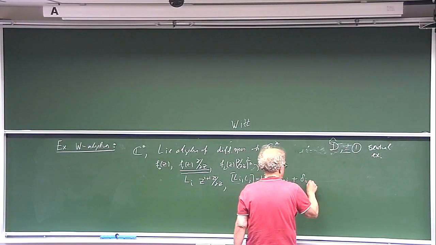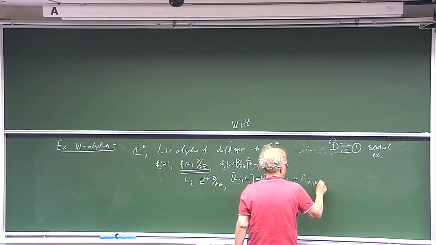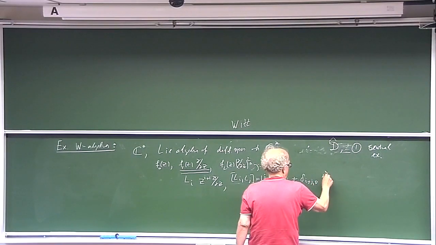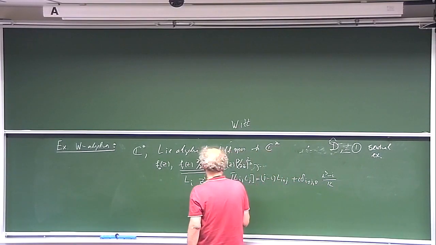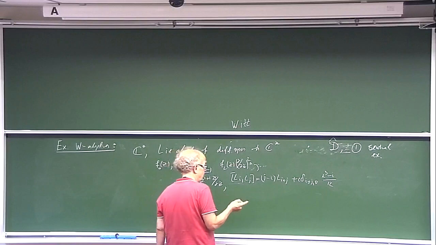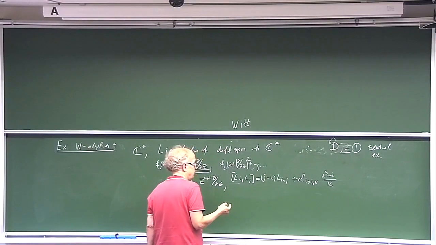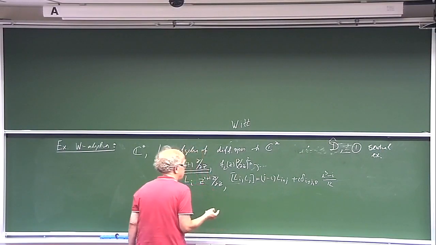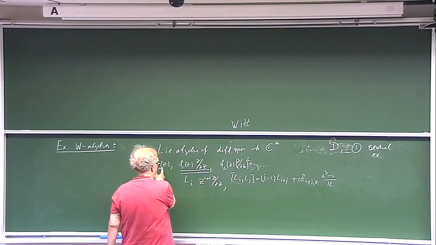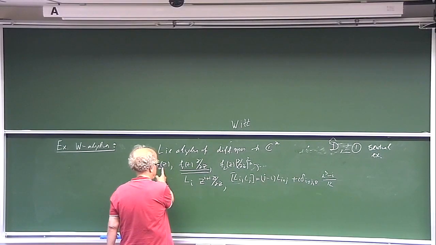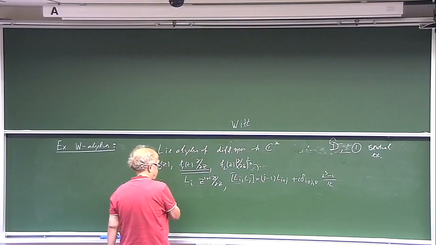Delta_{i+j,0}, and we have here (i cubed minus i) over 12 times some value of c. The formula for the central extension can in principle be written, and it is interesting, but maybe not now. And the commutative subalgebra in the central extension becomes the Heisenberg algebra.